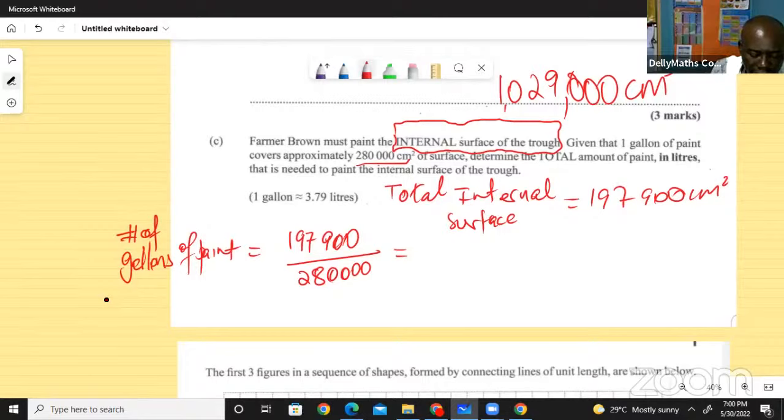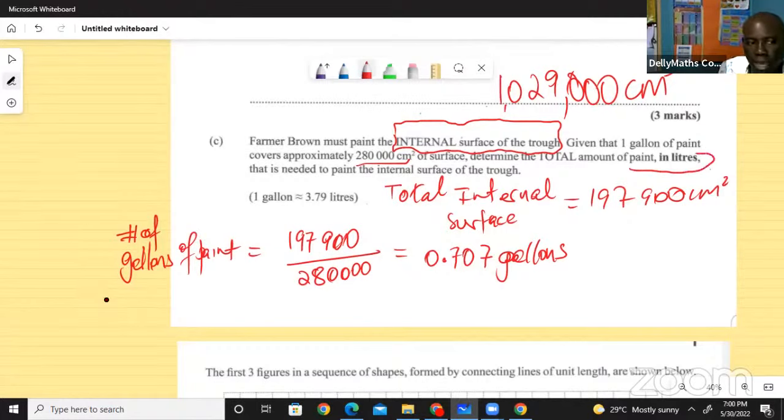So now let's see, 197,900 divided by 280,000. I'm getting 0.707. This is the amount of gallons, not even 1 gallon. As you can see, it's 0.707 gallons. That's what we need. Now, the question wanted the answer in liters, because they said to tell the amount of paint in liters.